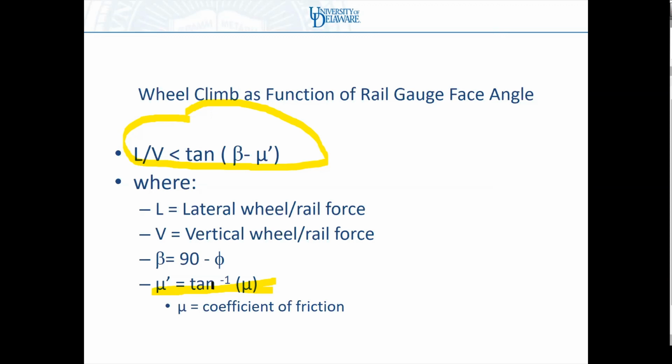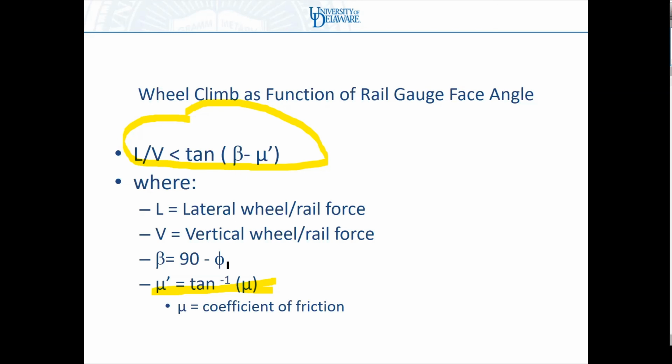This is enough of a level where I don't need to explain it. If not, Google it. Most of your hand calculators do not only the sine, cosine, tangent, but arc sine, arc cosine, and arctan. So the L over V threshold is a function just like the Nadal equation.